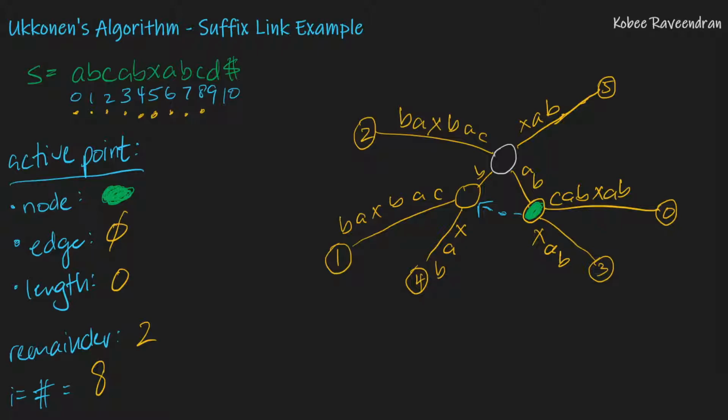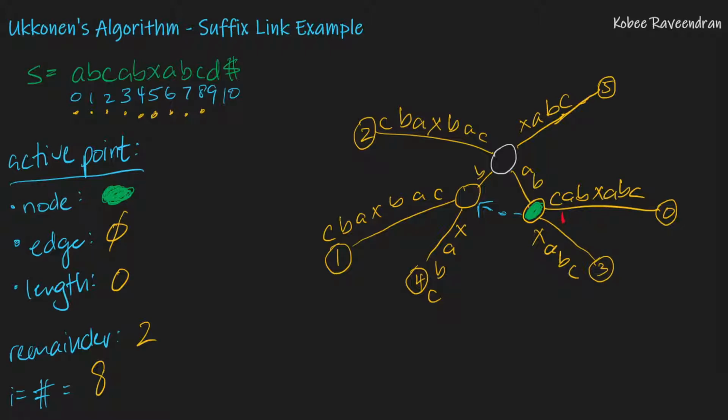Now we take in the C. So again, I will add the C to all the leaf edges. And from our active point, which is now this green node, we will notice that we do have an edge that starts with C. So we won't touch the tree again. We'll just update our active point to be right here, right after the C.